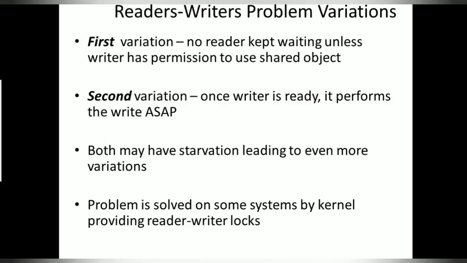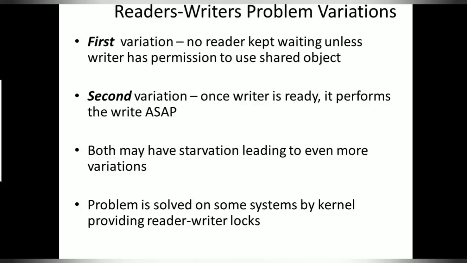But when there is a reader lock and there is a request from another process to write, it shall deny. And in contrast, we also have the writer lock. The writer lock is also called an exclusive lock. When there is a writer lock applied, only one process is allowed to write to the shared data.